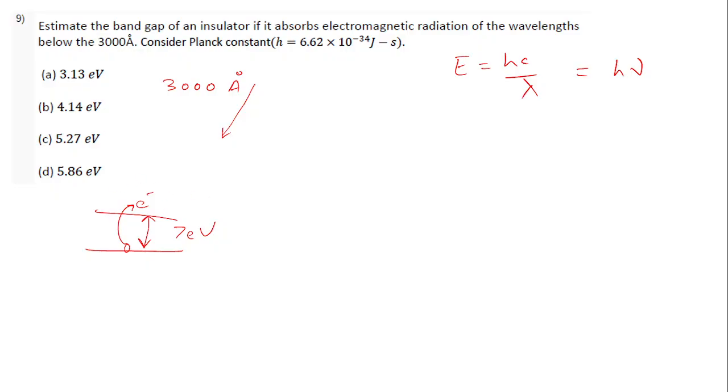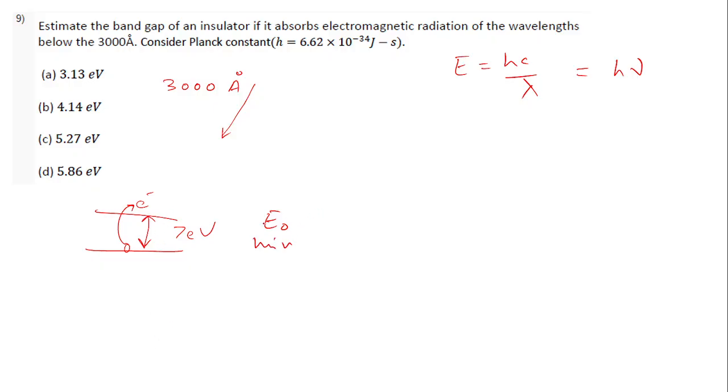It needs a minimum of 7 electron volt. I'm just giving an example. If I give it 8 electron volt, it will take that because it's more than the energy gap. So an insulator needs a minimum energy to overcome the gap.